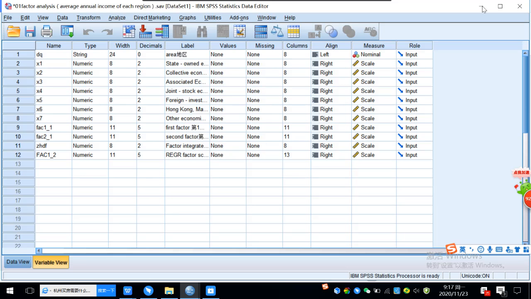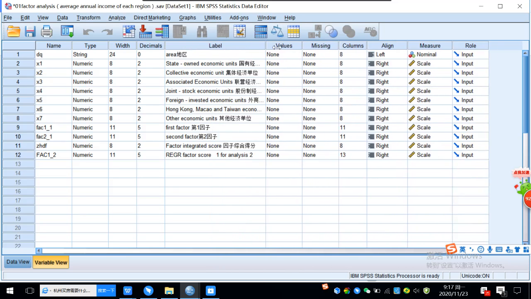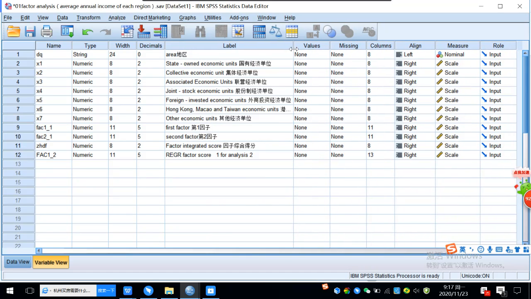Let's look at the example here. We collect data from x1 to x7. Here, x1 is the income of state-owned economic units. x2 is the income of collective economic units.